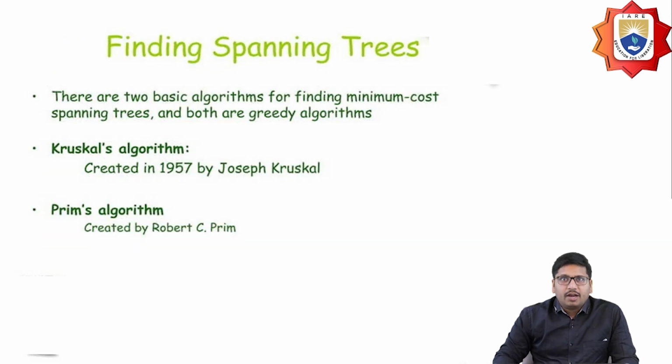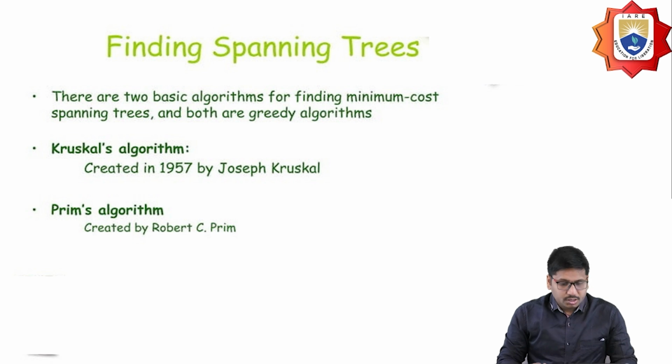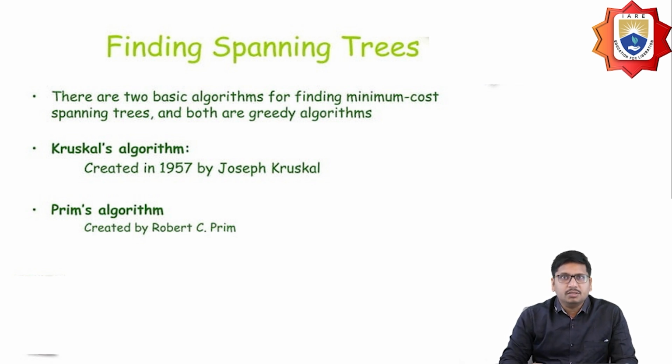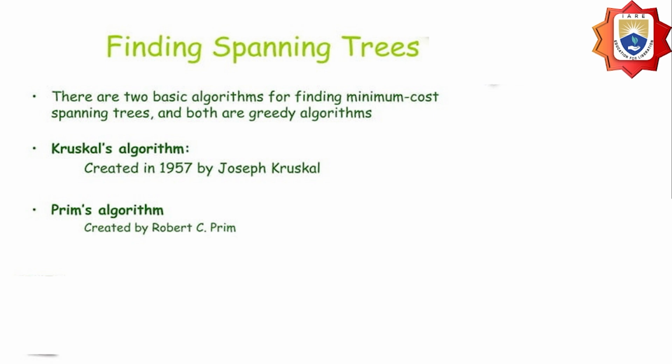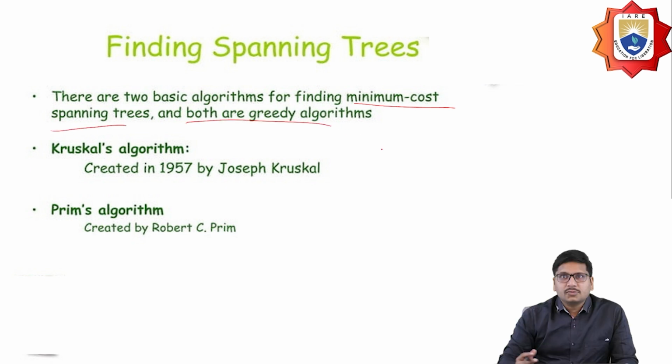Normally, for finding this spanning tree, there are two kinds of algorithms: Kruskal's algorithm and Prim's algorithm. These two algorithms are used to find the minimum cost spanning tree, and both are greedy algorithms.